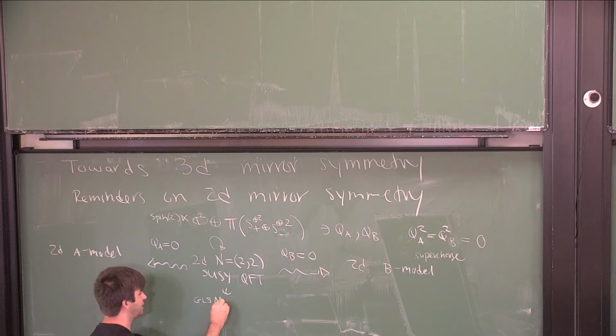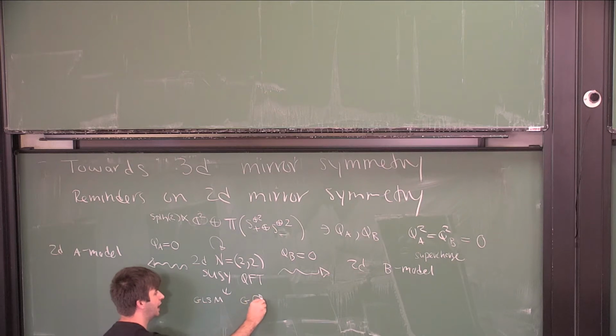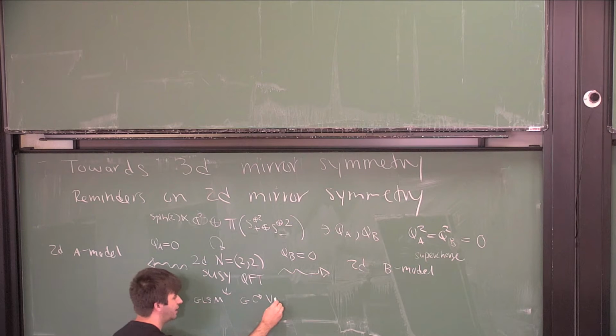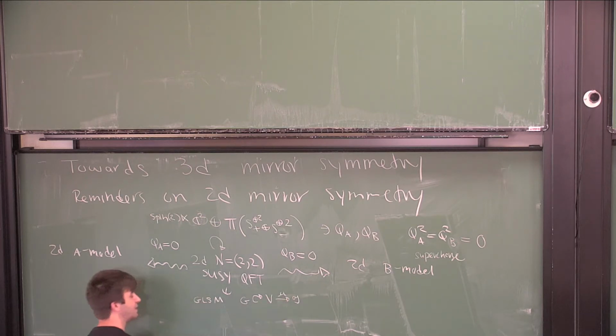This is everybody's favorite example, although I won't put in a superpotential, if you know what that means. So I have some group acting on some vector space, this is a symplectic vector space, and this action is Hamiltonian. So this is my input for my GLSM.